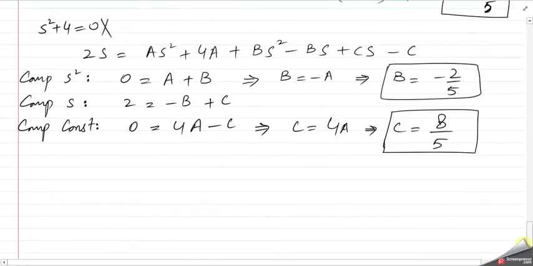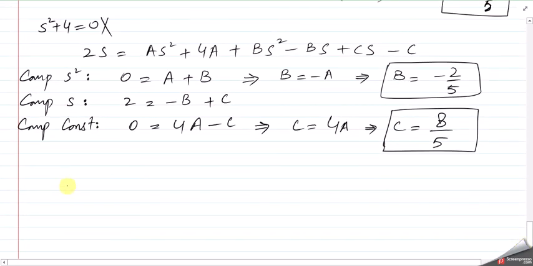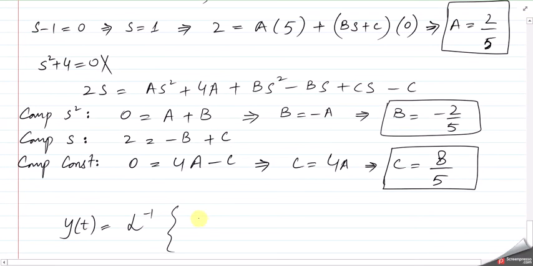Okay, it's okay. So now we have y of t equals Laplace inverse of a over 2 root 5 over s minus 1 plus bs, so minus 2 over 5 s. You see, that's the problem.